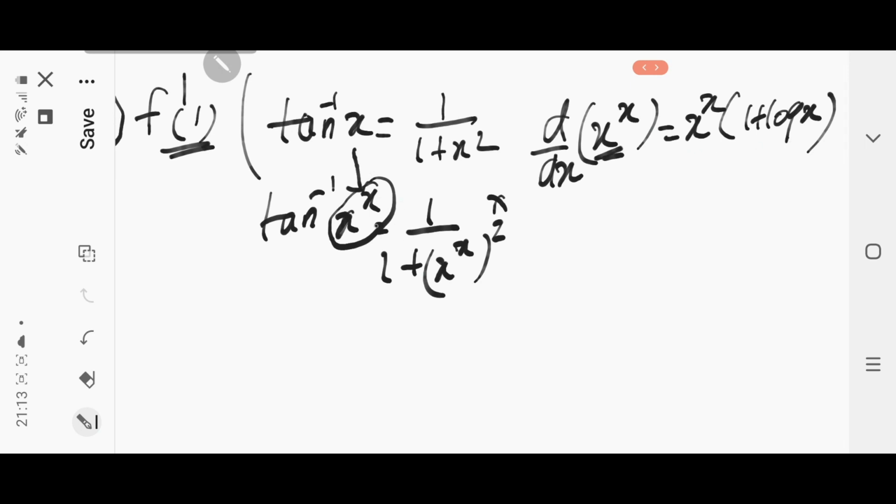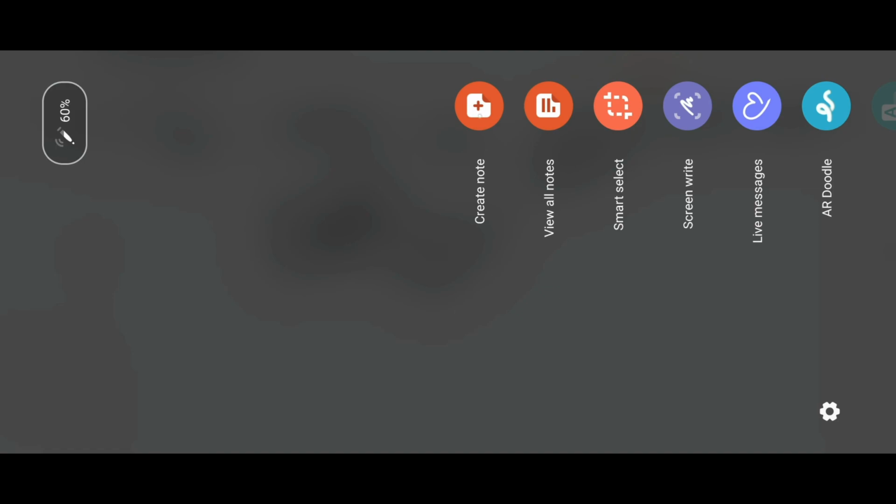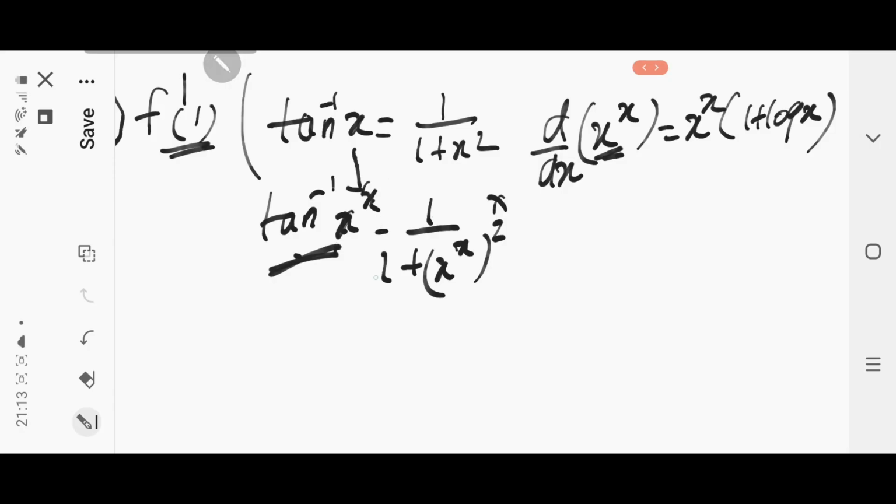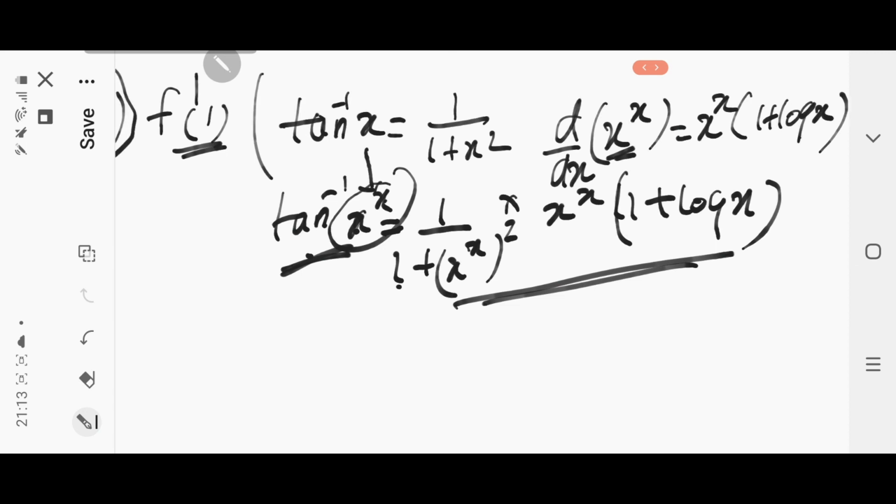Therefore, when you take the derivative of tan inverse of x raised to x, it is equal to 1 by 1 plus x raised to x the whole square, into the derivative of x raised to x, that is x raised to x into 1 plus log x. This is the derivative.